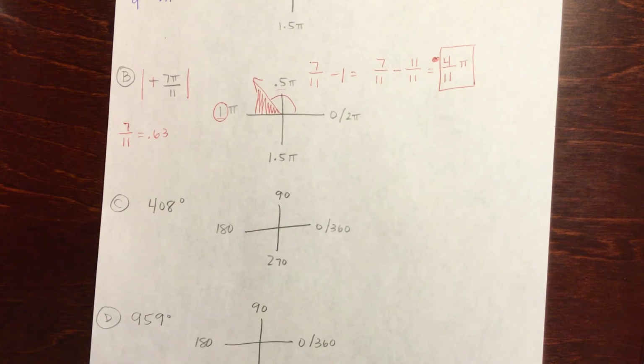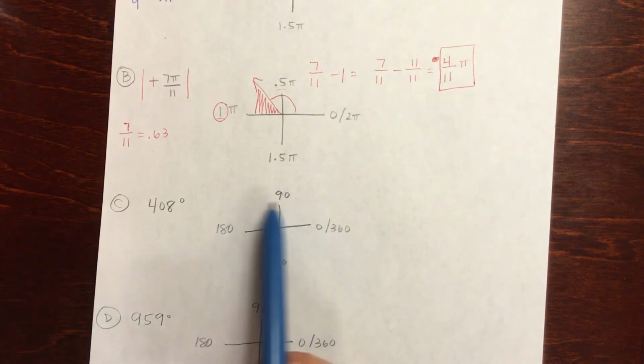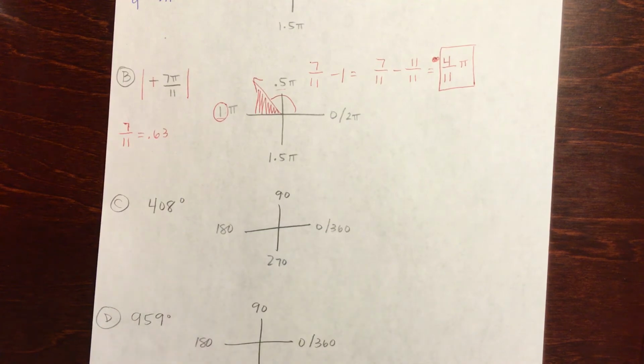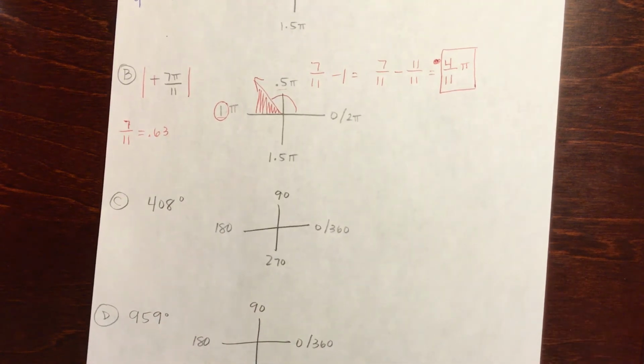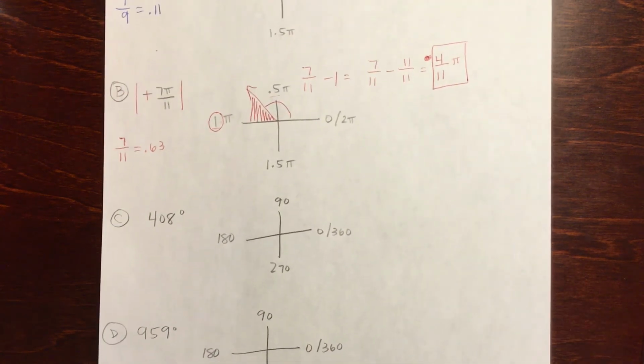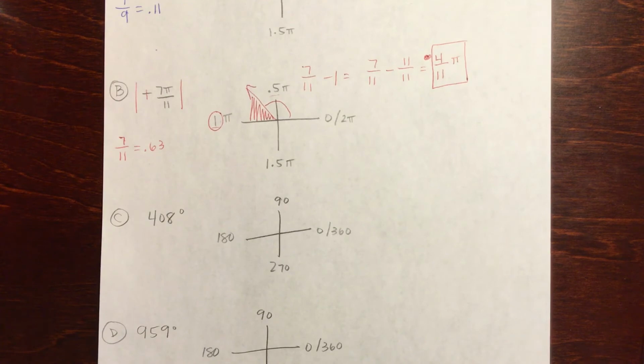Next example, let's go back to degrees, 408 degrees. Oh, where does that fall on our coordinate plane? Because we don't have a 408. If you have something like this that is larger than 360, or in the previous case, larger than 2 pi, then you need to use coterminal angles to find an angle that is smaller than 360.